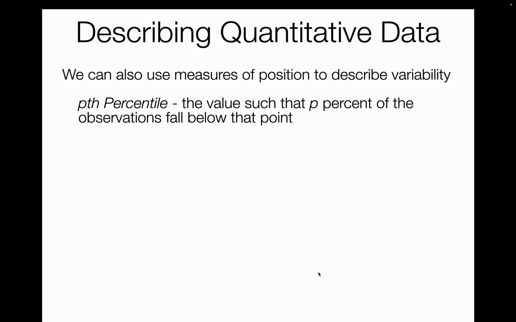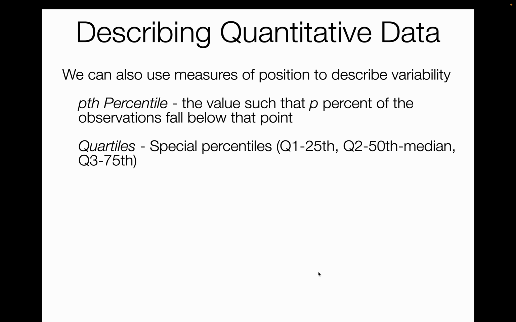So you might have gotten a 600 on the math portion of the SAT, and that translates into the 72nd percentile, meaning that you did better than 72% of the people who took that test. It's the point such that P percent of the observations fall below it. That's a percentile in general.